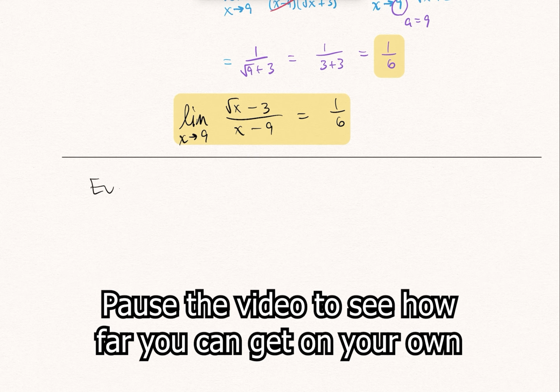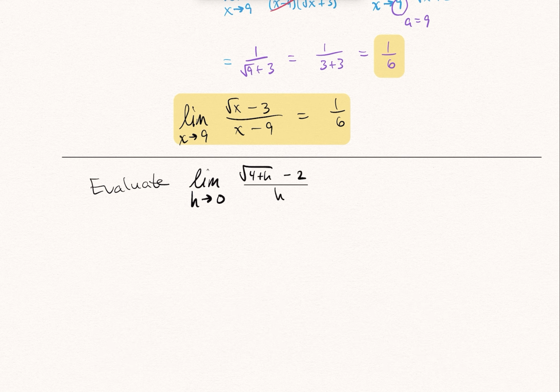This next example is another one where we use the conjugates technique, but the inside of the square root looks quite a bit more intimidating. As with any limit, the very first thing we're going to do is plug in the a value and see what happens. So here we plug in the 0 value for h, and we see square root of 4 plus 0, minus 2, over 0.